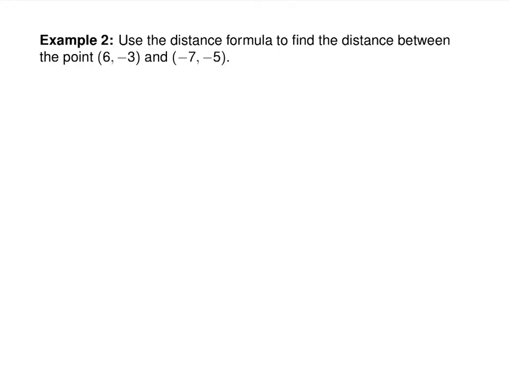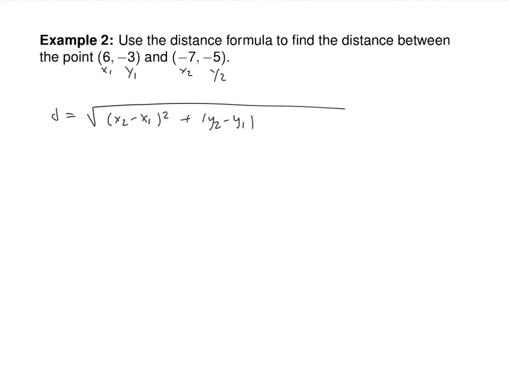Alrighty, so let's find the distance between these 2 points. Call that x1, call that y1, call that x2, call that y2. So x2 minus x1 squared. So what goes in for x2? -7.